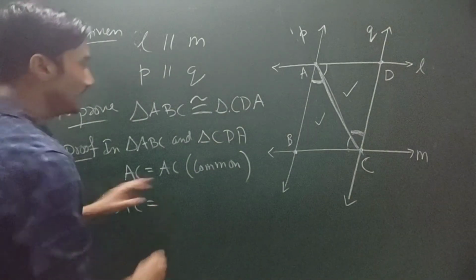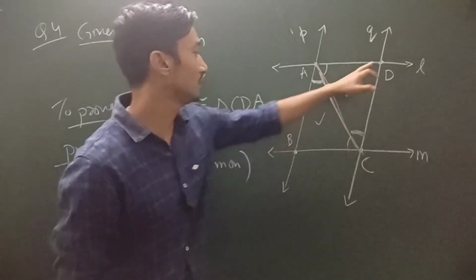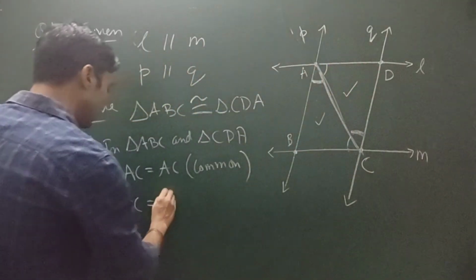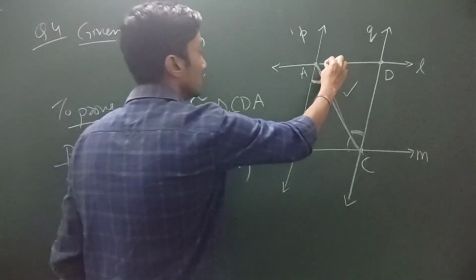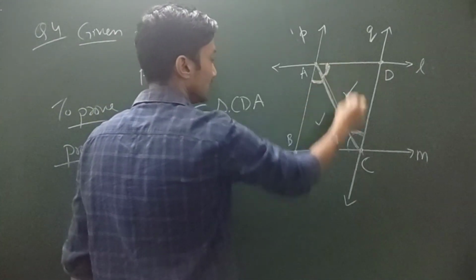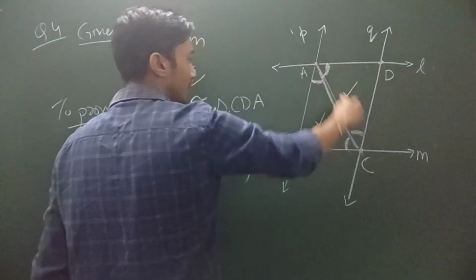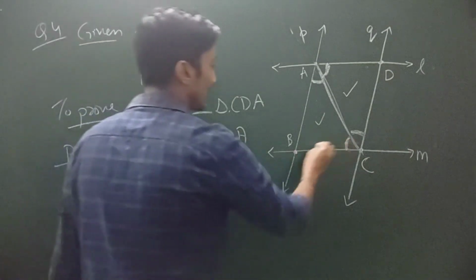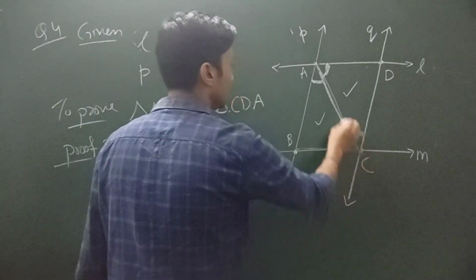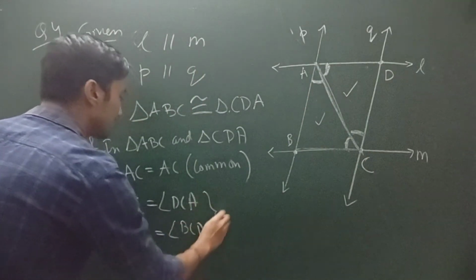Angle BAC is equal to angle DCA. And the other one, this angle is equal to this angle. That is angle DAC. Angle DAC is equal to angle BCA.